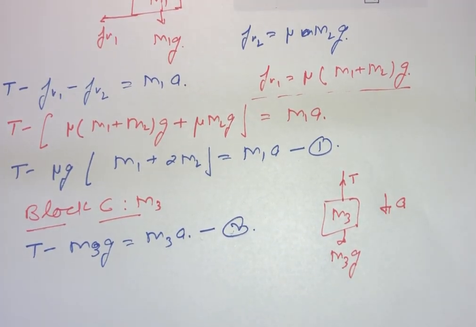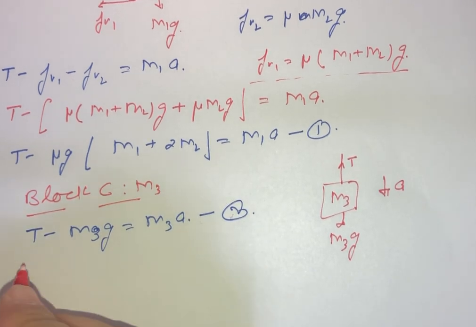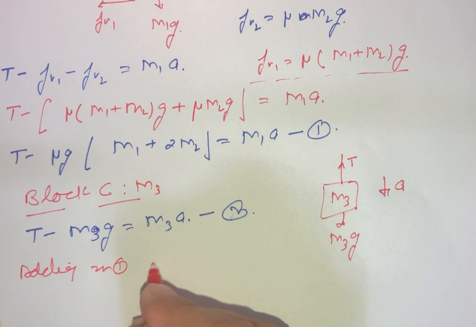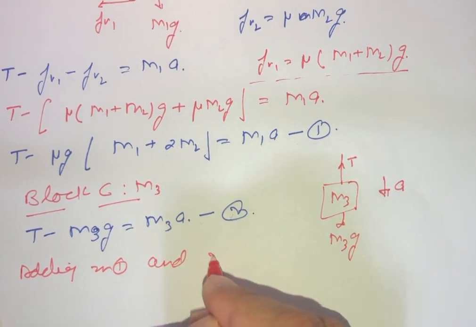So we add equation number 1 and 2. Adding equation 1 and 2.